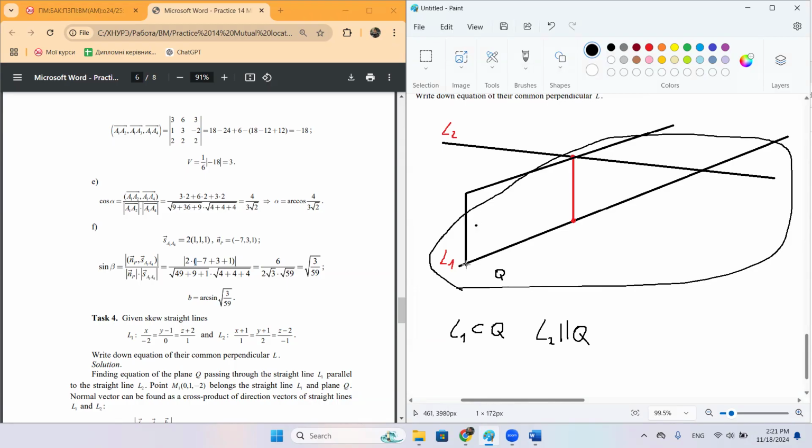We will spend more time drawing than calculating, because it will be understandable if we calculate. Okay, and now I need to erase a little bit, just for better understanding of what is happening.